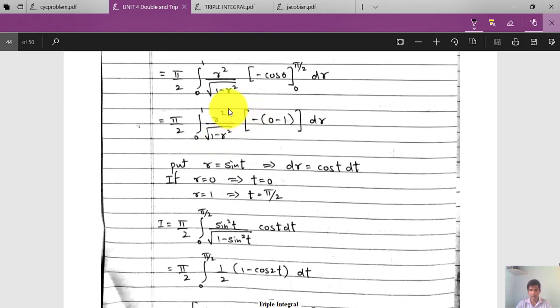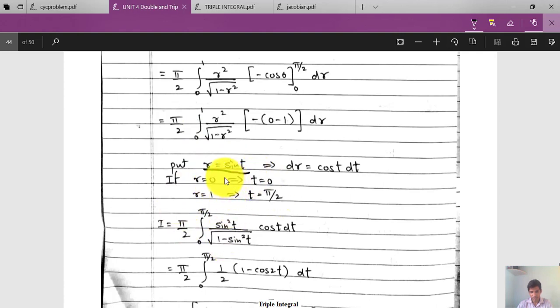Now I need to evaluate this particular integral. So I make a certain arrangement: if I substitute r equal to sin t, then differentiating, dr equals cos t dt. If r is equal to 0, then t is equal to 0. If r is equal to 1, then t is equal to pi by 2.